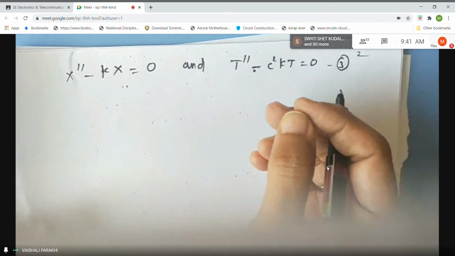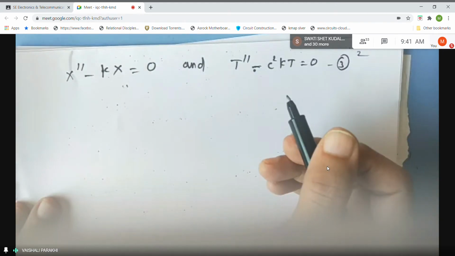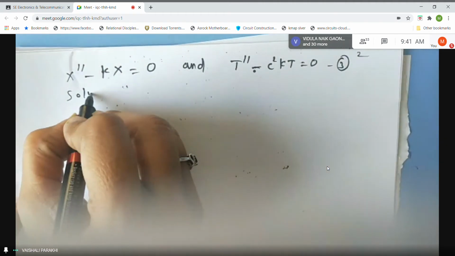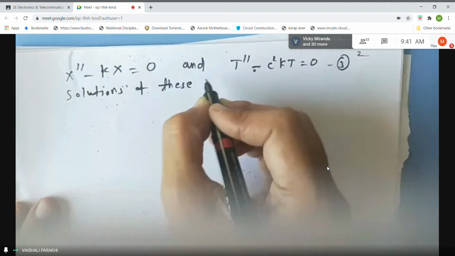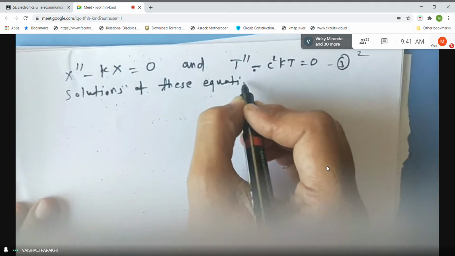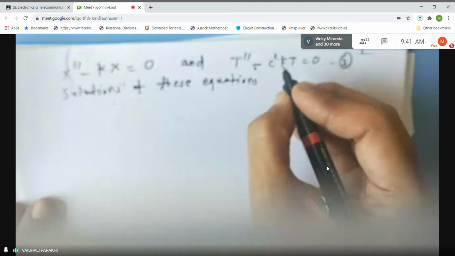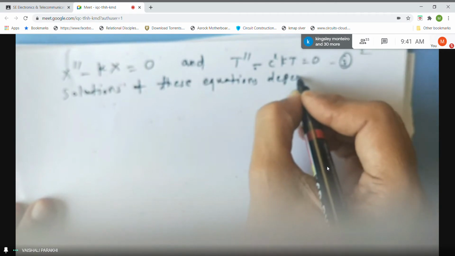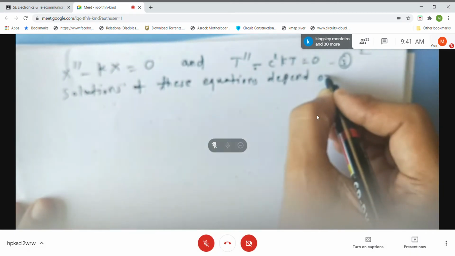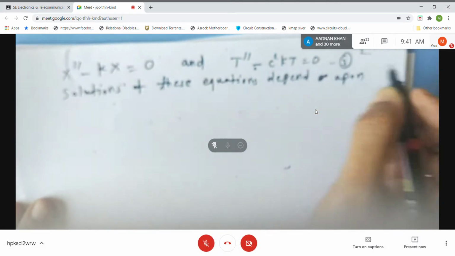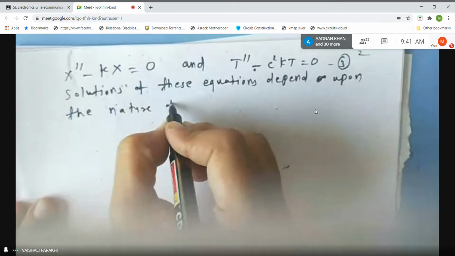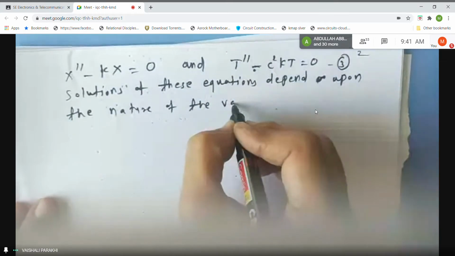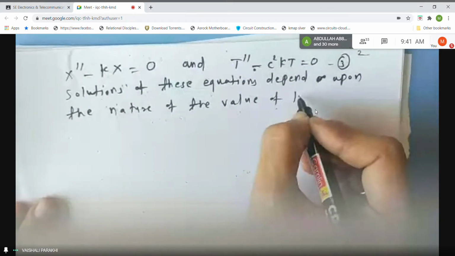So I put one sentence here. Solutions of these equations depend upon the nature of the value of k, right?